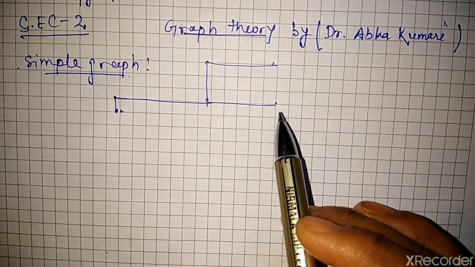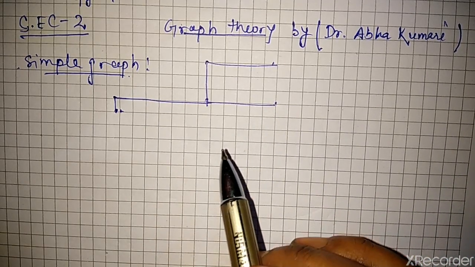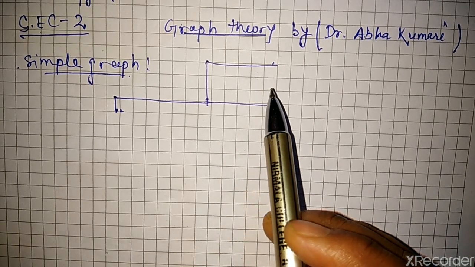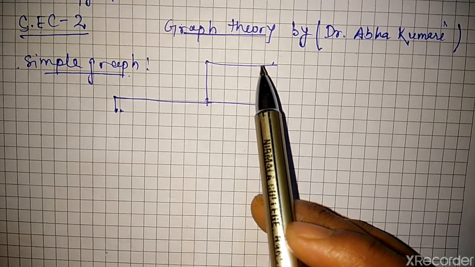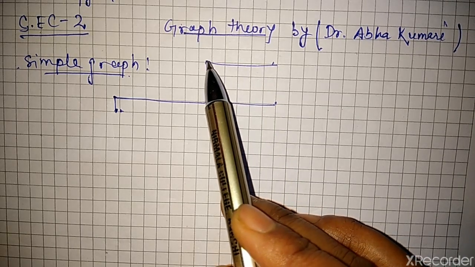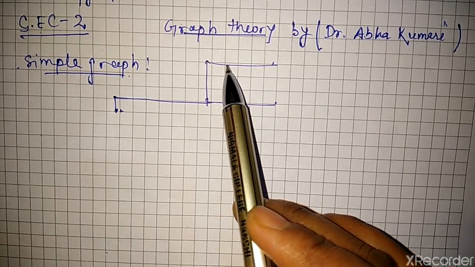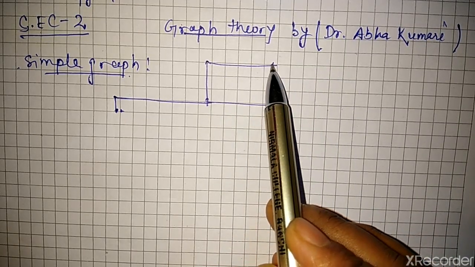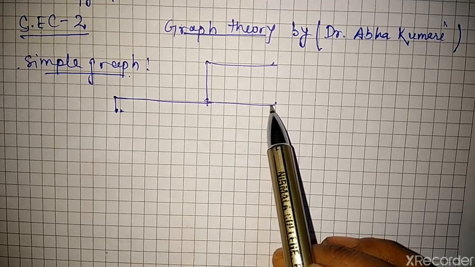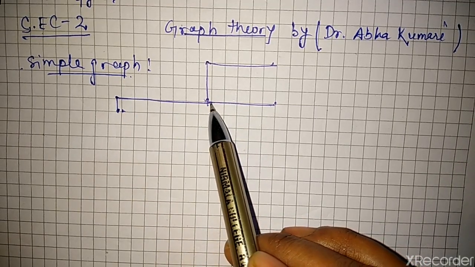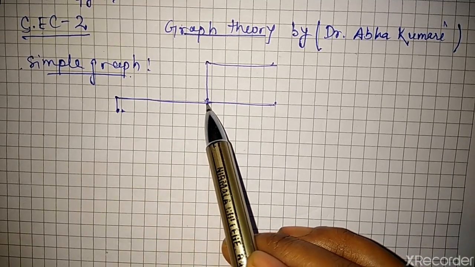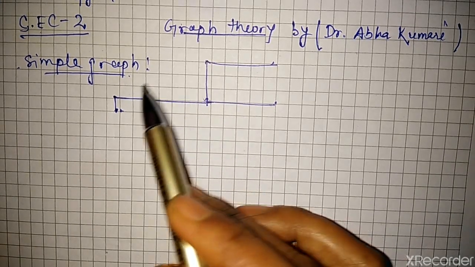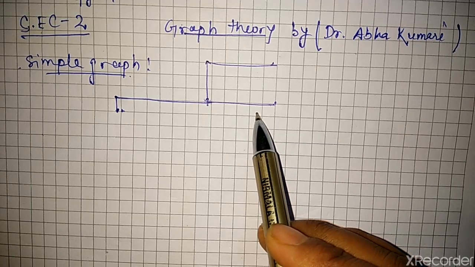Also, are there any parallel edges or multi-edges? Multi-edge we learned in the previous lecture: it means that from two vertices we can draw more than one edge. Here we have only one edge between each pair, and no more than one edge is seen in any pair of vertices. So this type of figure is known as a simple graph.